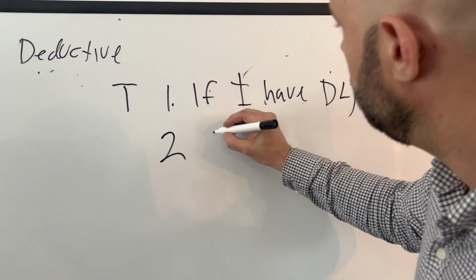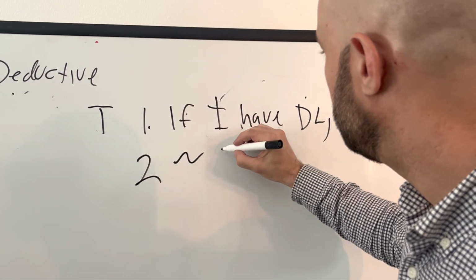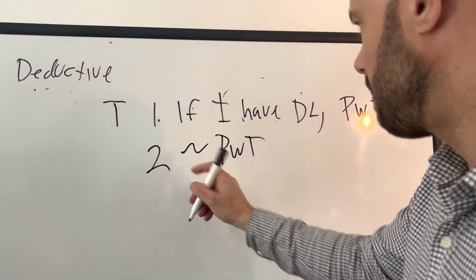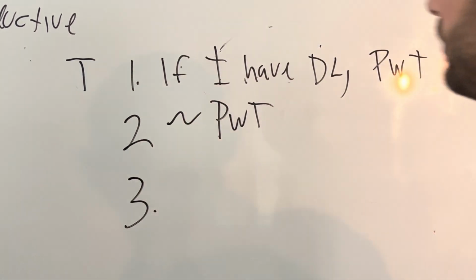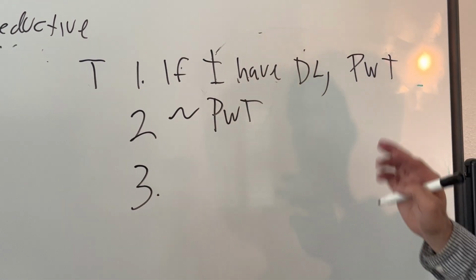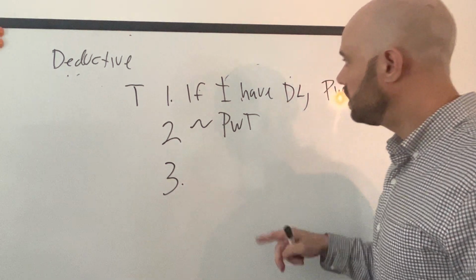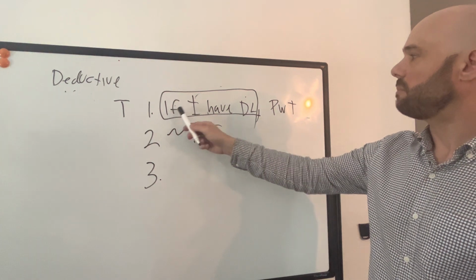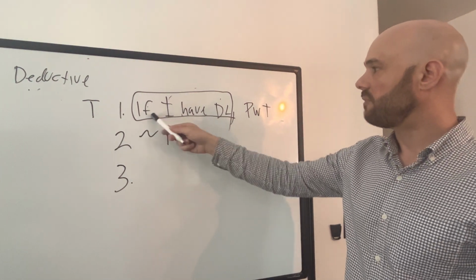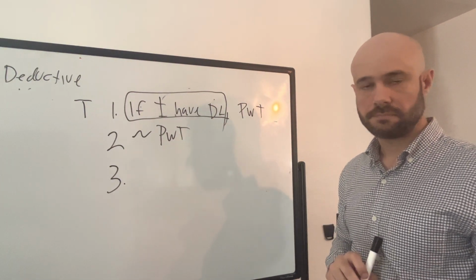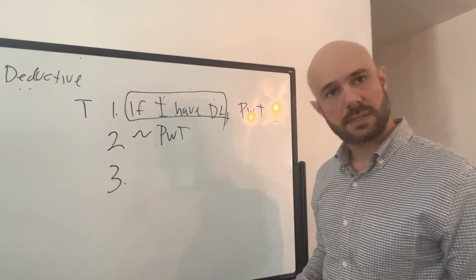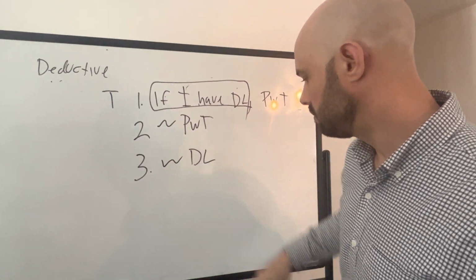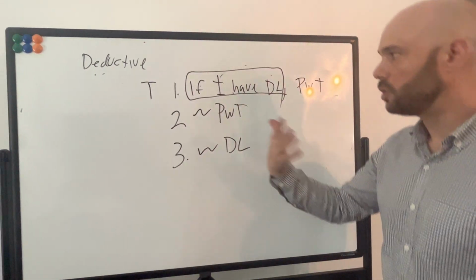Now, if I tell you I did not pass the written test, squiggly means not, all of a sudden you know something without having to know the details. You know that I don't have my driver's license. If this premise is true, if I have my driver's license, then I passed the written test, and then you say I did not pass the written test, well, you know all of a sudden that you do not have your driver's license. And this just emerges from it.